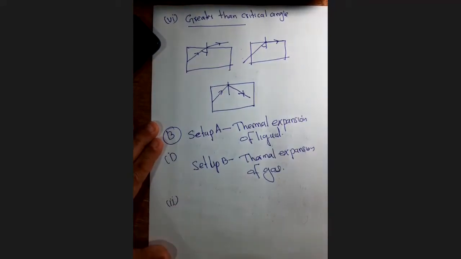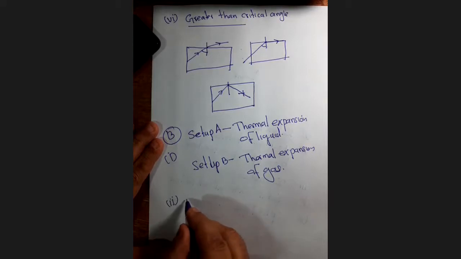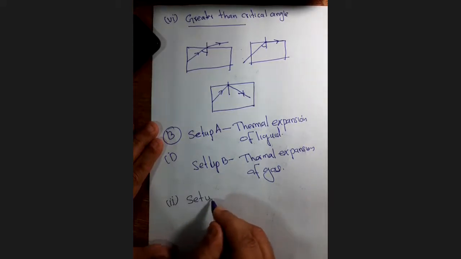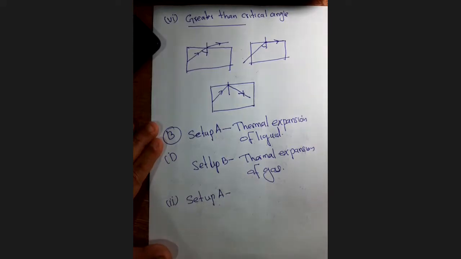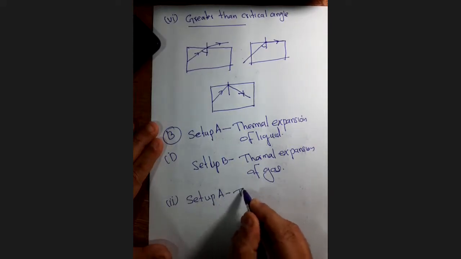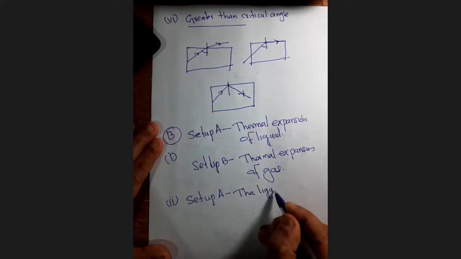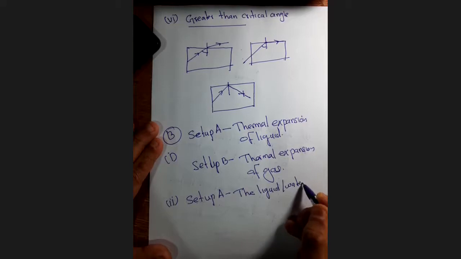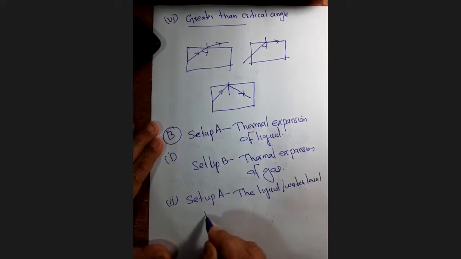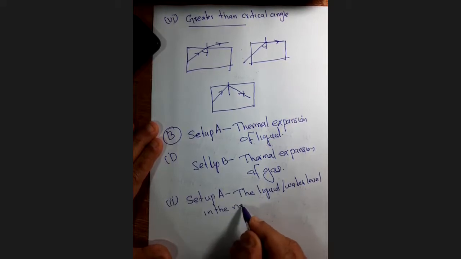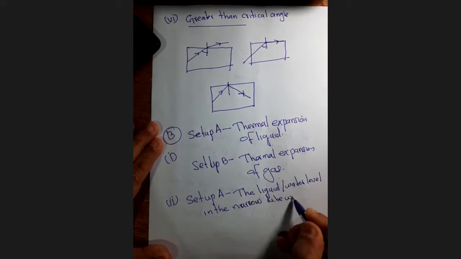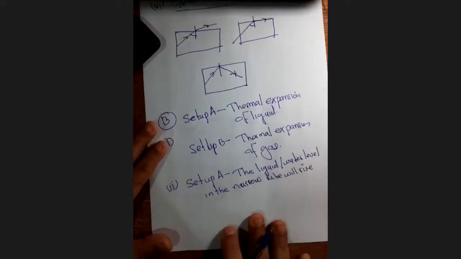Second question: what are the changes that can be seen in the narrow tubes? In both cases, you will see an upward movement. In setup A, the liquid or water level in the narrow tube will rise due to thermal expansion.